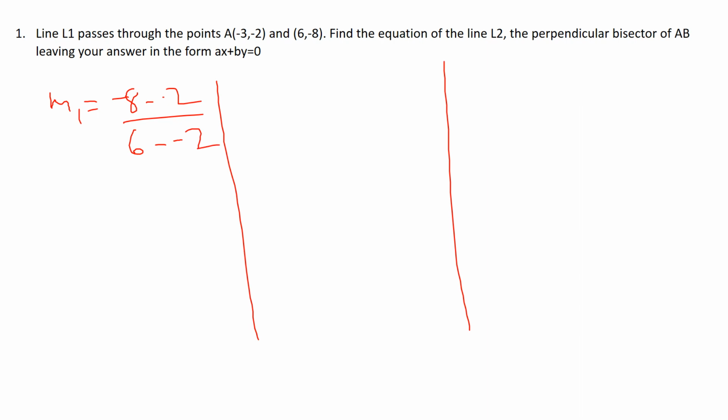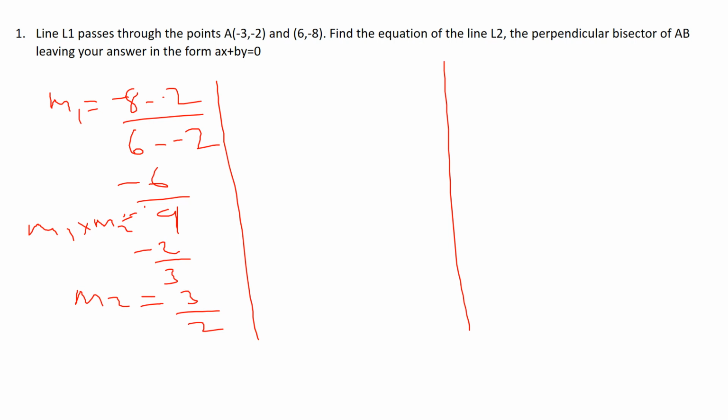In this case this gives me a gradient of -6 divided by 9, which is equivalent to -2 out of 3. So my second gradient, which is m2, will be equivalent to 3 divided by 2. Remember, m1 multiplied by m2 is equal to -1.